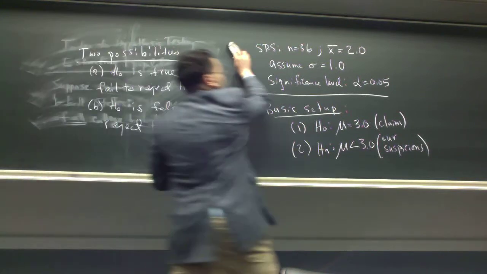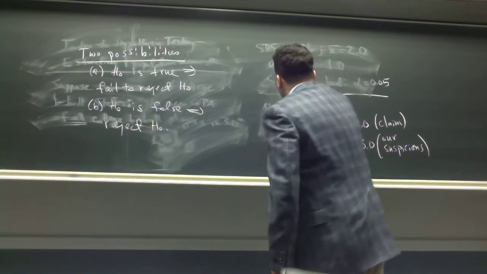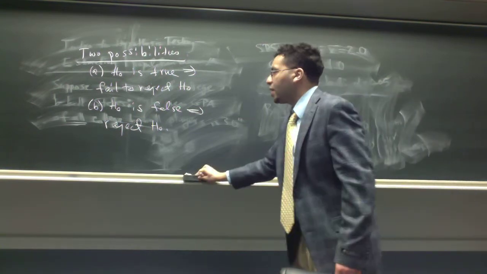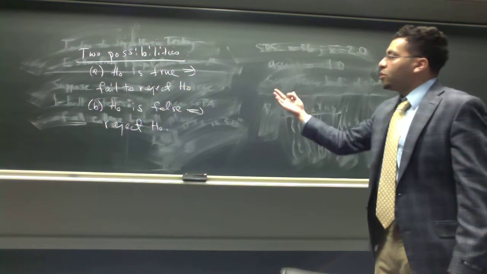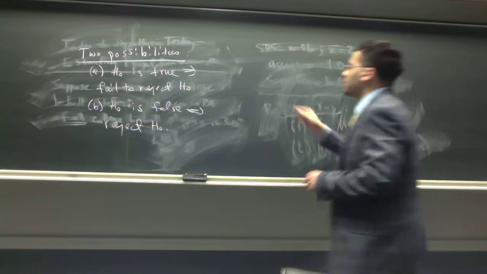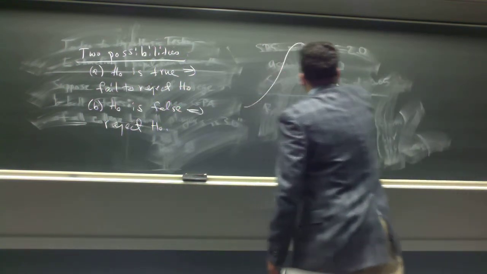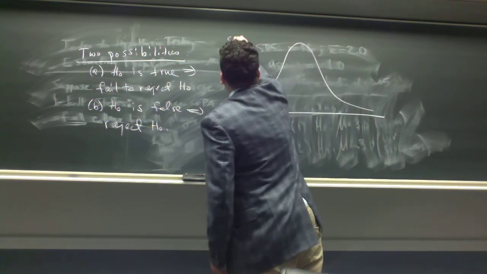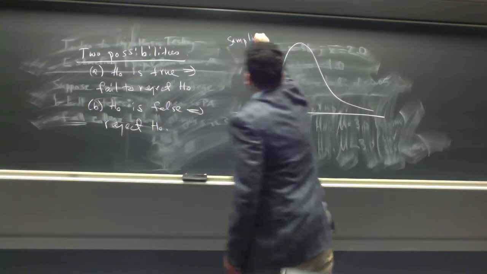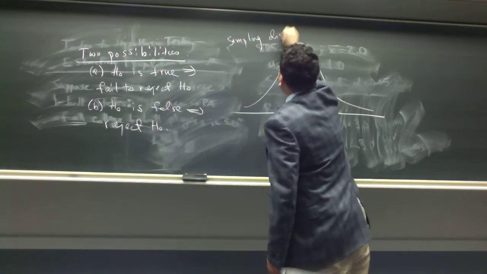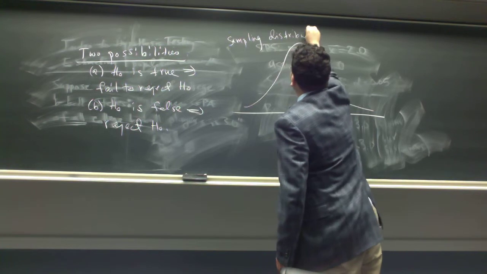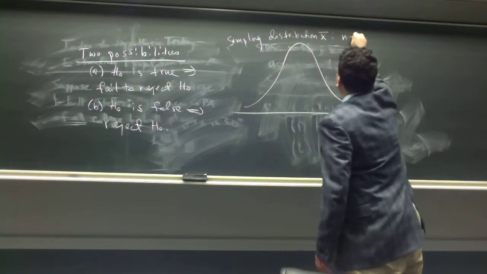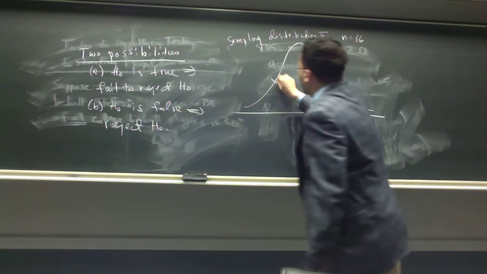Now, the next thing we need to do is to create a nice visual for representing these statistics. So we're going to plot a sampling distribution. This is a sampling distribution of sample means for samples of size 36.